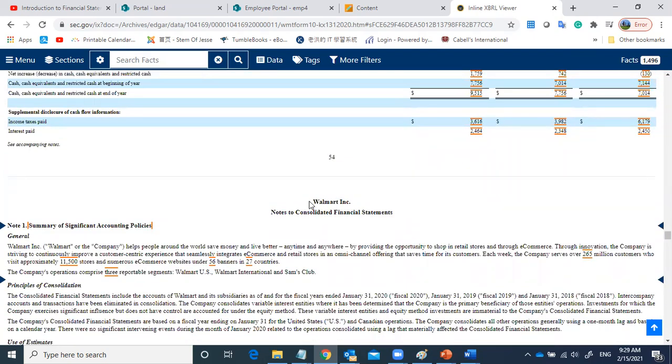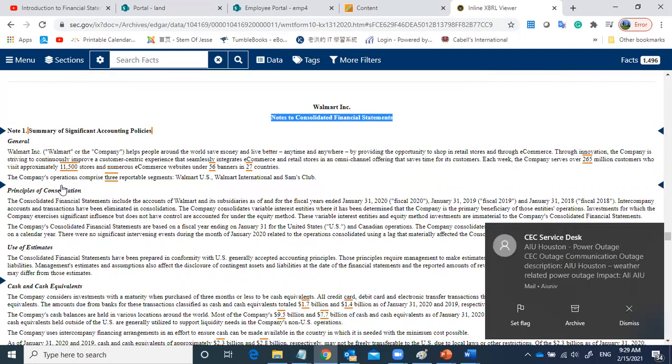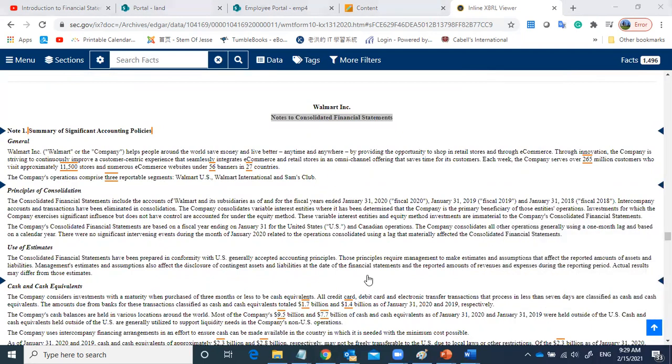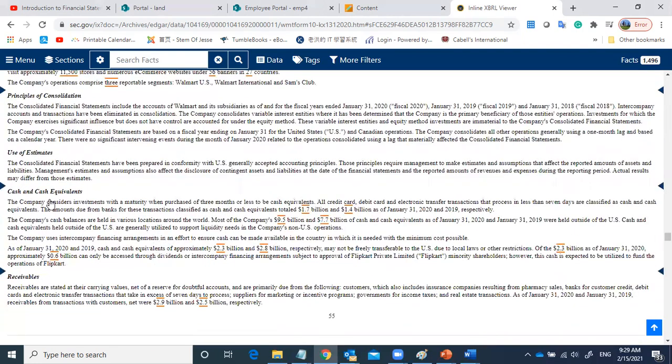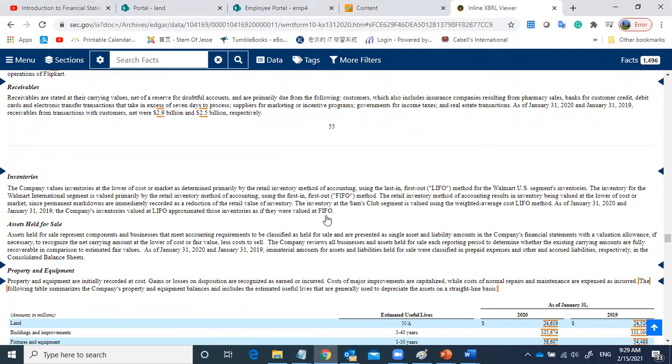Underneath the financial statements, you can see the notes to consolidated financial statements. The notes are also important because they have important information about the methodology and accounting principles used, and what the changes are, for example, for cash and cash equivalents, receivables, and inventories.